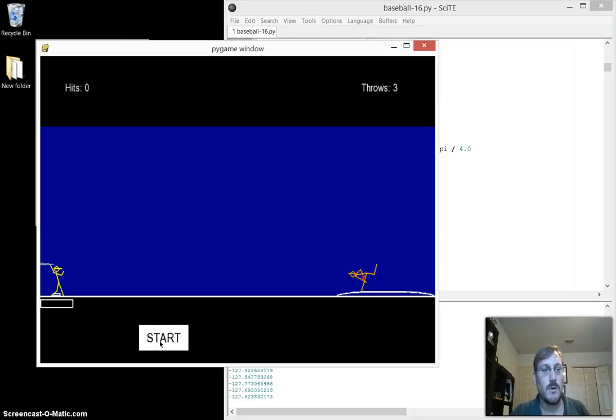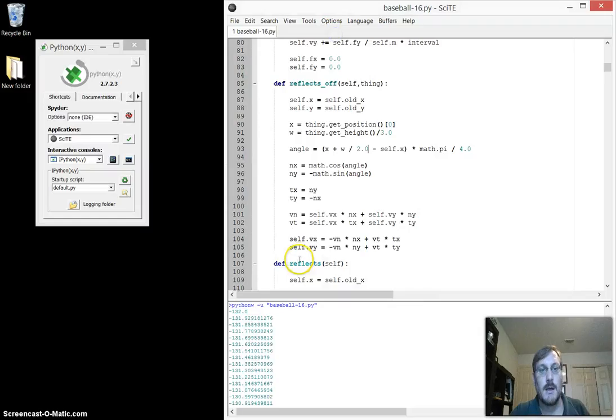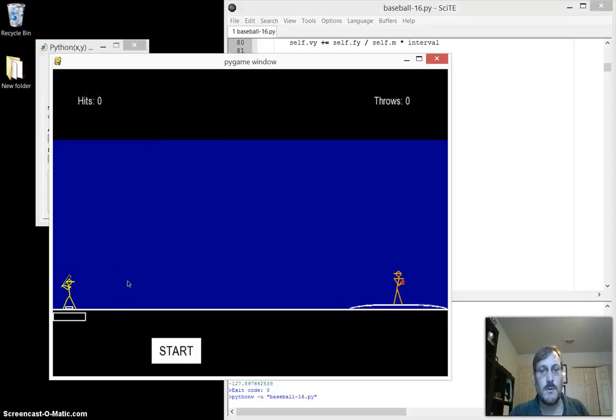Again, all this only works if I can hit it. Okay. I liked it better earlier. Yeah. Okay, so that was working better. So I think that more or less got it.